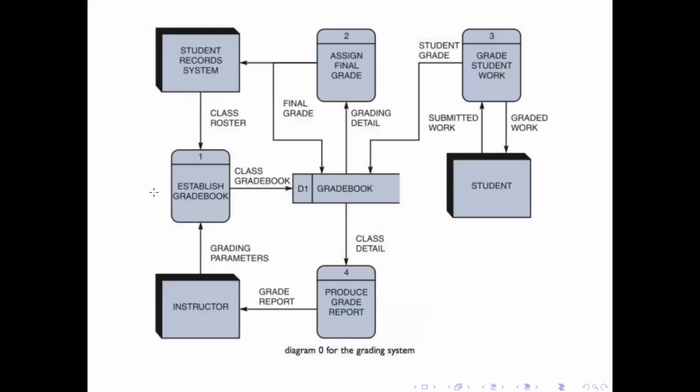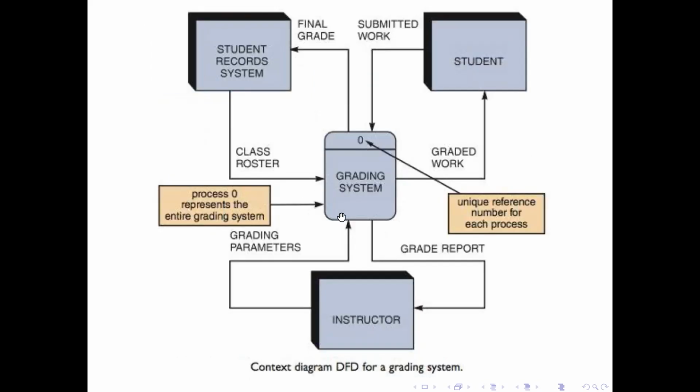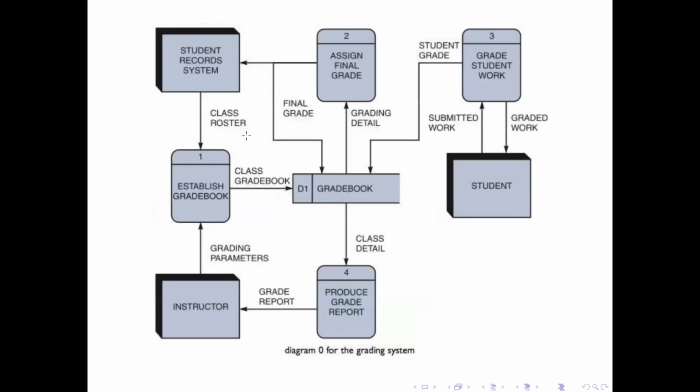Right. Then if you have this grading system 0, that is the top level, now within that usually there is a lot more to do. So that is what we are going to see. This will be the same diagram, but here it has changed.